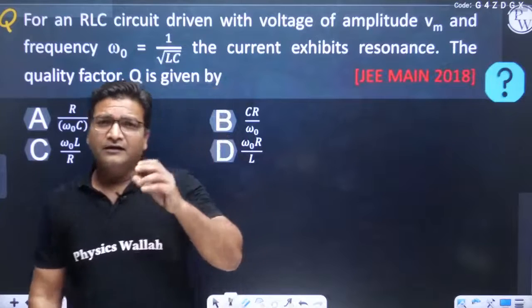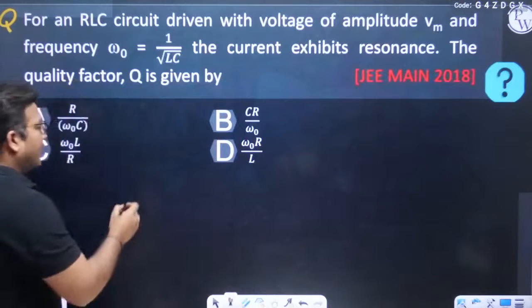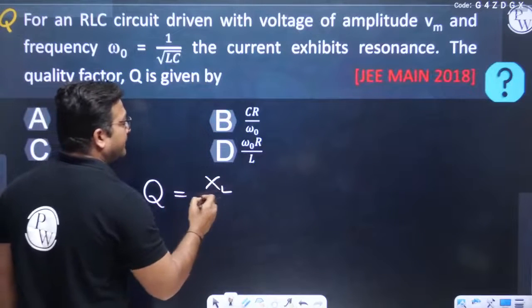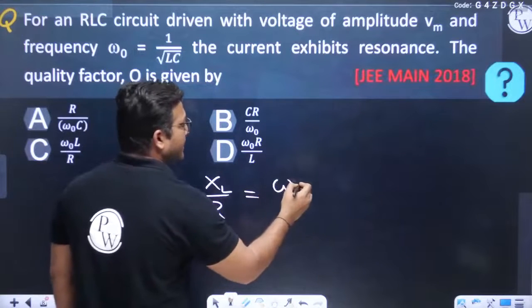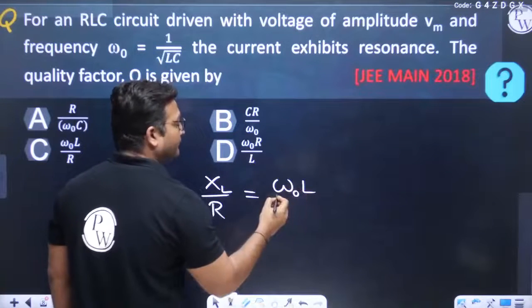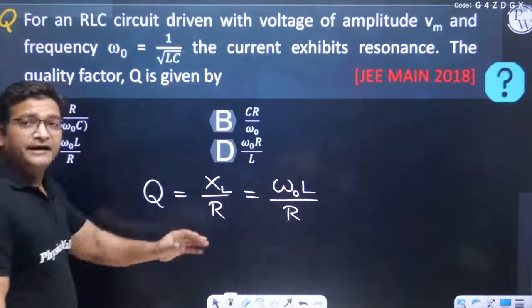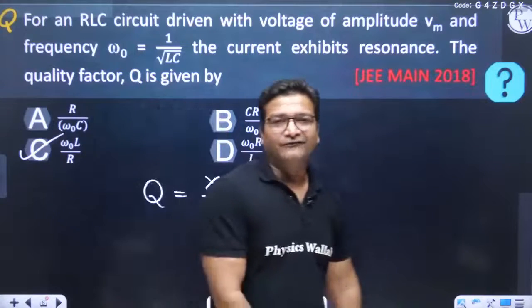So we have been asked what is the quality factor of the circuit. I think you remember the quality factor of the circuit is given by XL by R, and XL can be written as omega L, but omega is the angular frequency omega naught. So omega naught L by R is the right quality factor, and therefore option C is obviously correct.